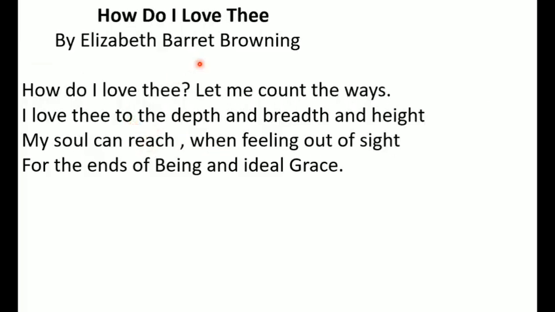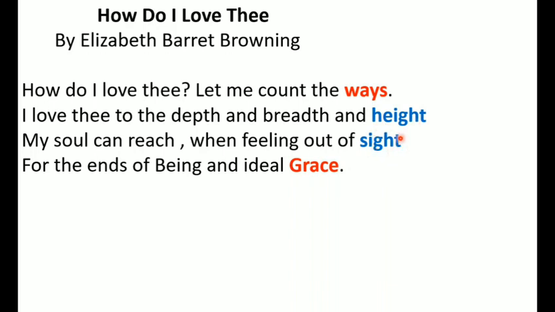Okay. Now, let us start with the analysis of this poem. The first line here ends in ways. The first line and the fourth line have the same ending sound, ways and grace. This is called end rhyme. And the second and third lines have also the same sound at the end of the line.